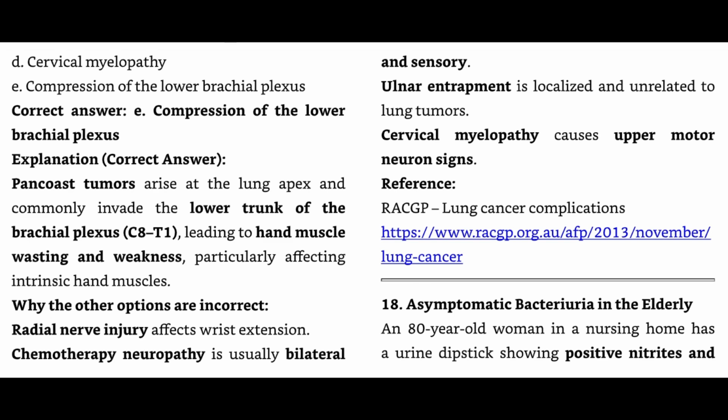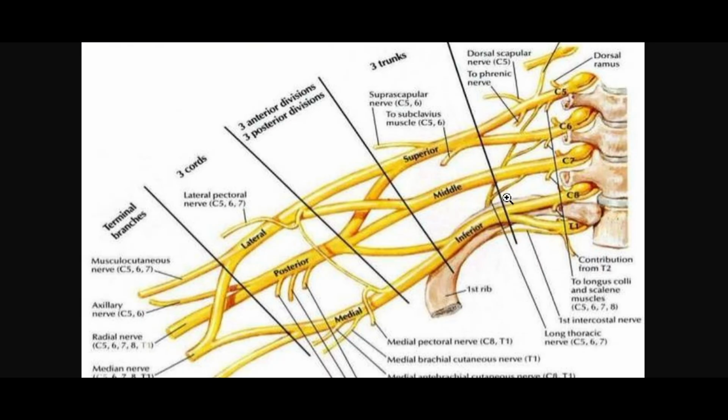So first let's talk about the brachial plexus. As you know, the brachial plexus has three trunks: superior, middle, and inferior trunk.